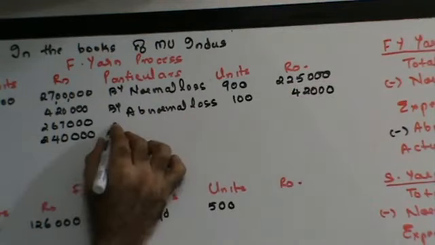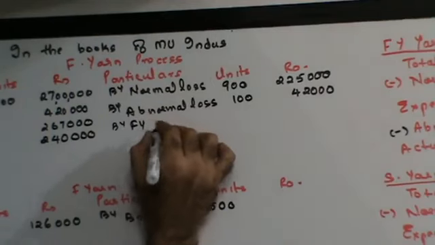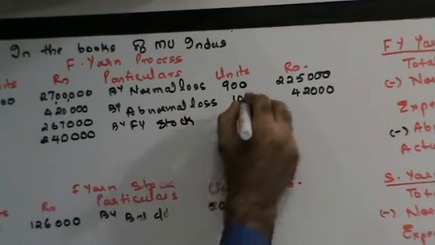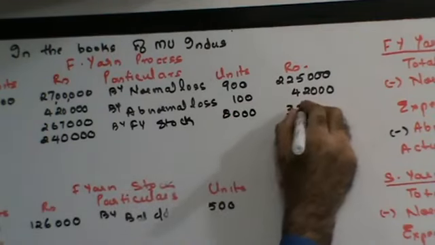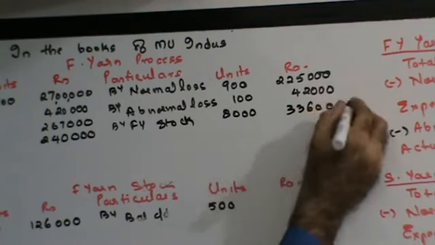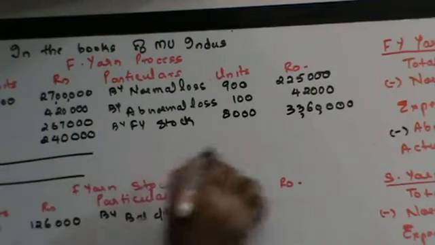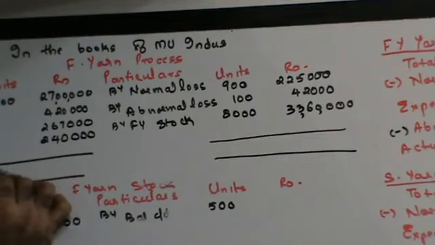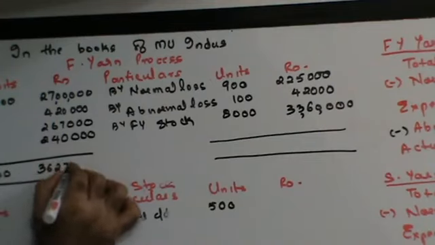right? By actual output, to be written as by FY stock. FY stock is 8,000 and 33 lakh 60,000, right? Tally this account out. So this is going to be 9,000 units, and this is 36 lakhs 27,000.